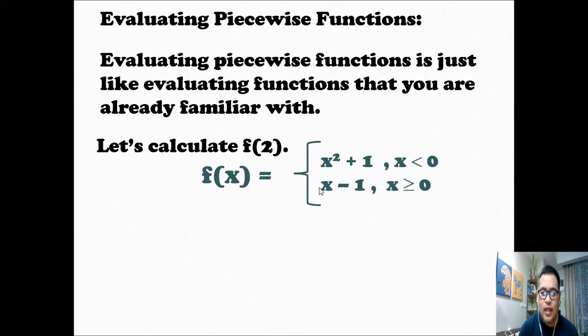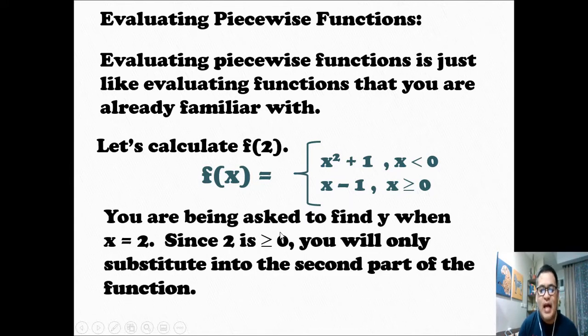Okay, let's calculate, say, for example, f of 2. How are we going to evaluate f of 2 if we have the given function? Where can you substitute 2? You are being asked to find y when x is equal to 2.